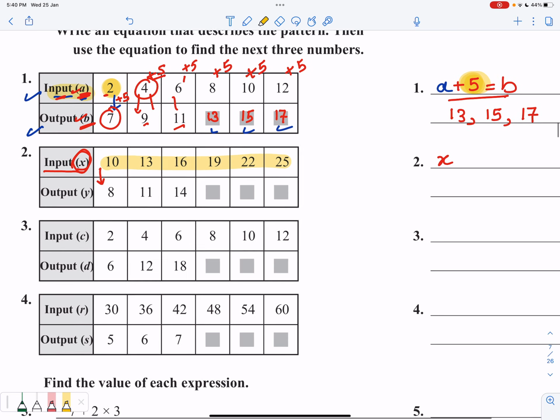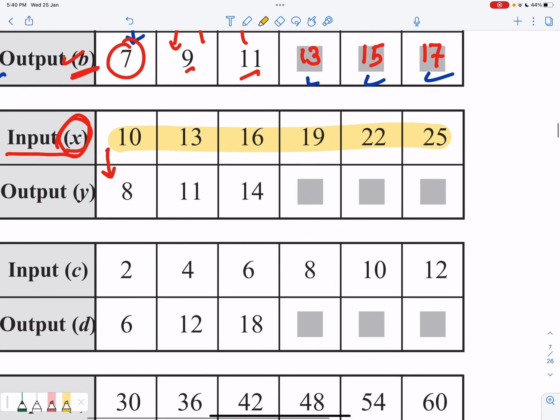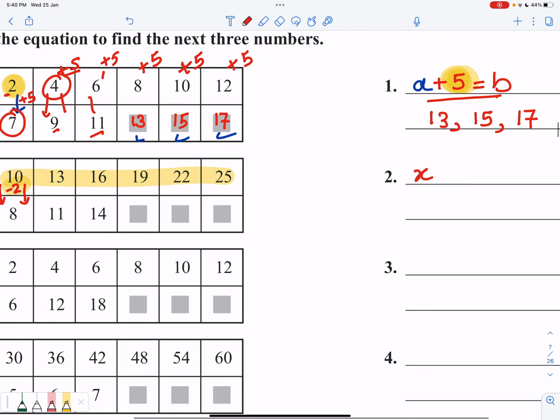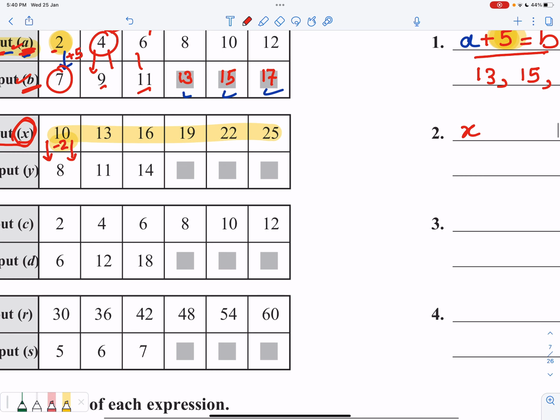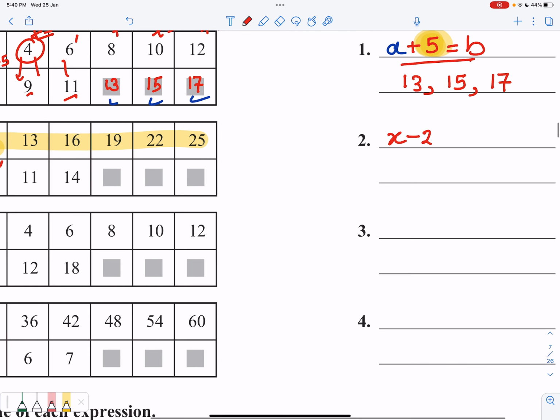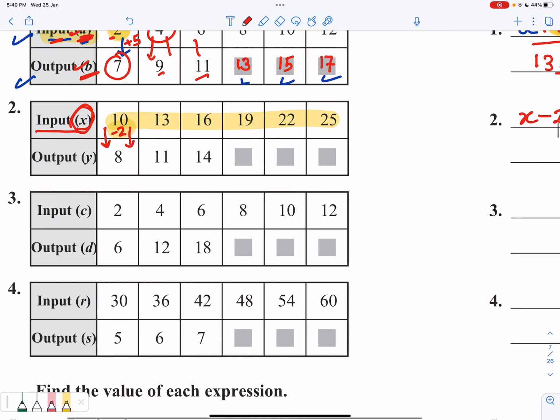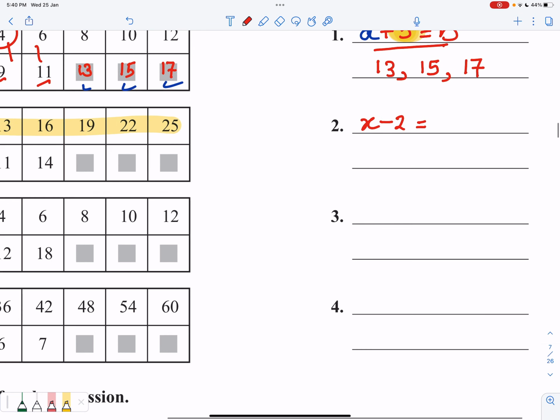What happened to them? We see that the 10 became 8. So, of course, there is a minus 2 on this 10 that makes it an 8. This means that we need to subtract 2 from x, which is the input, to get the value of the output, which is y.